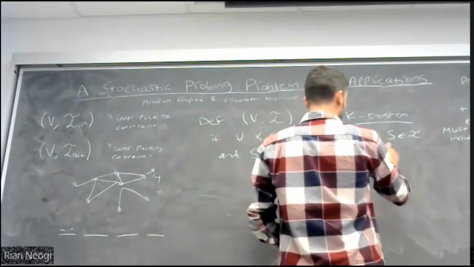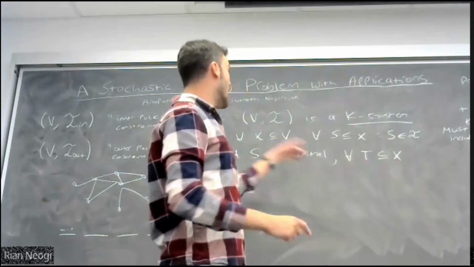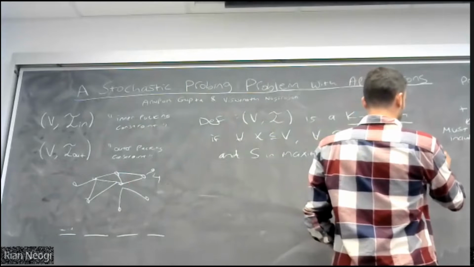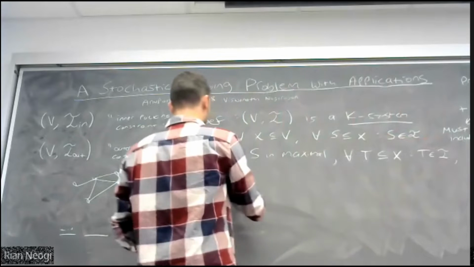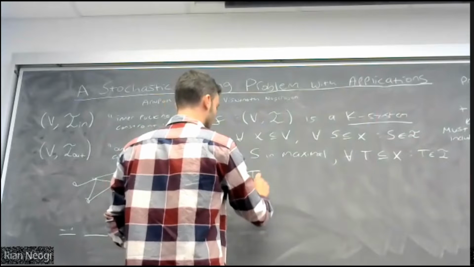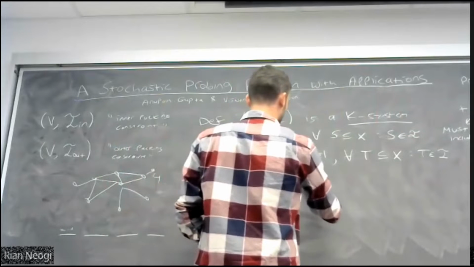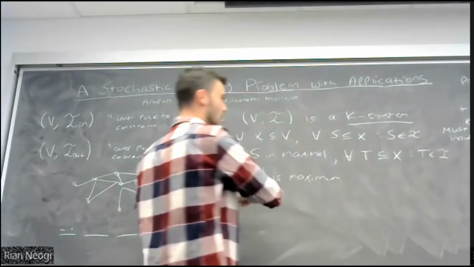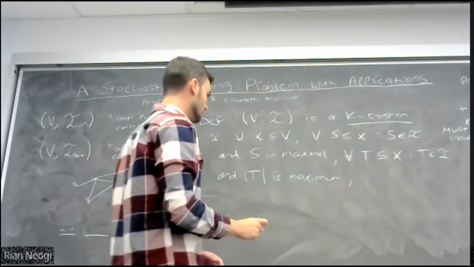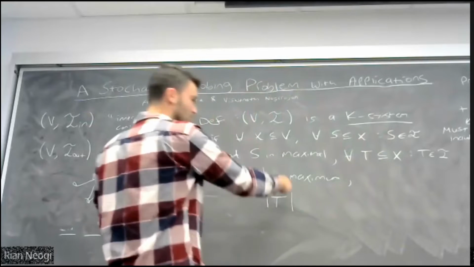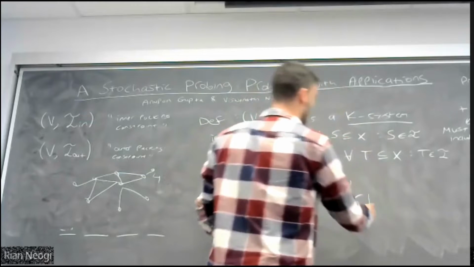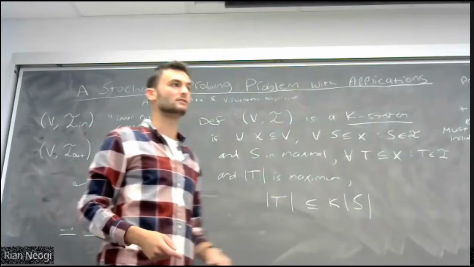And for every maximum cardinality independent subset of X, so for every T subset of X such that T is independent and T is maximum amongst all subsets of X that are independent, I have the following inequality: the size of this maximum independent subset is at most K times the size of this maximal independent subset.